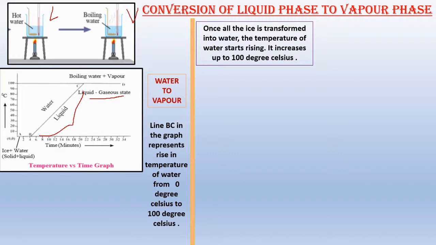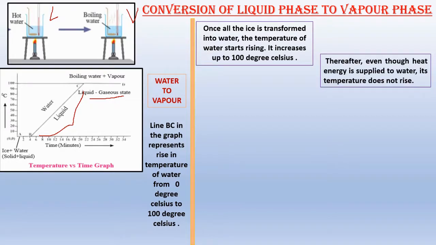So once the ice is transformed into water, we still supply heat, and due to this heat the temperature starts rising, okay, and the temperature reaches 100 degrees Celsius. Thereafter, even though heat energy is supplied to water, its temperature does not rise.